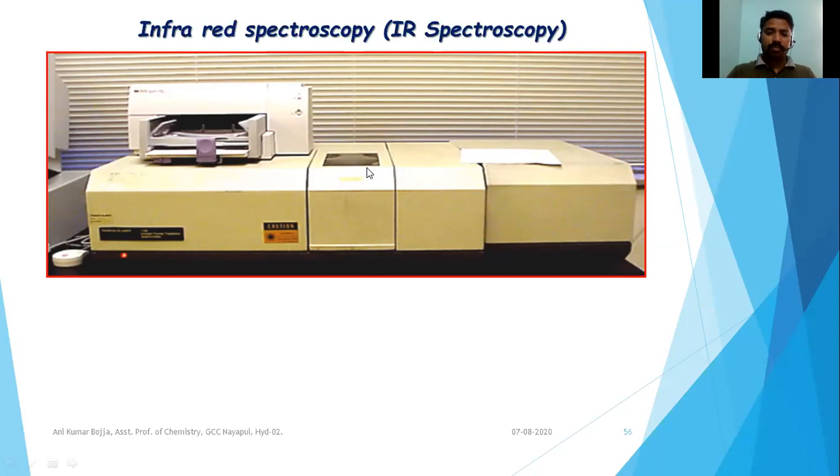Whatever the diluted compound present inside the cuvette, it will absorb the radiation from the ultraviolet visible region, and we will get the spectrum related to the chromophore present in the molecule. Here also we will place the pure sample by mixing with potassium bromide or sodium chloride salt.